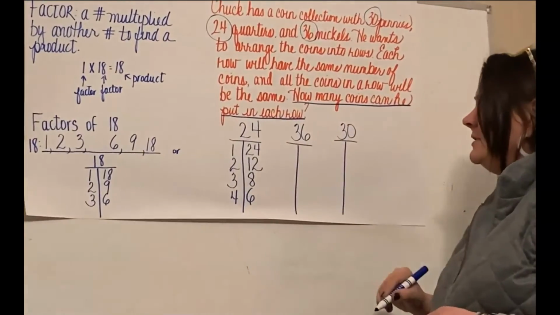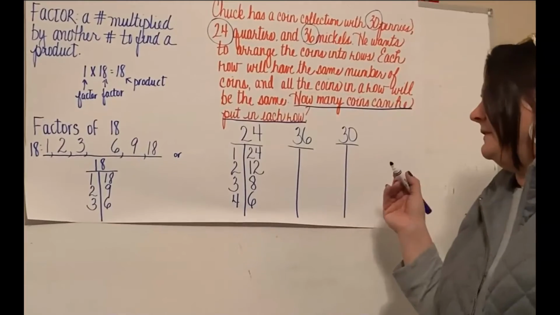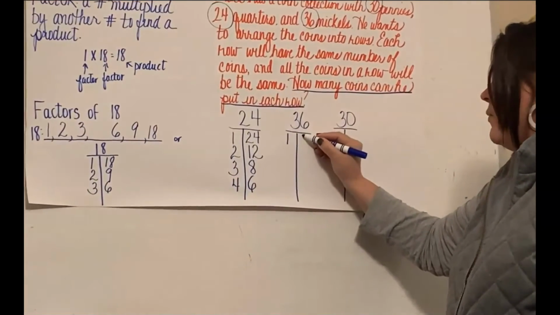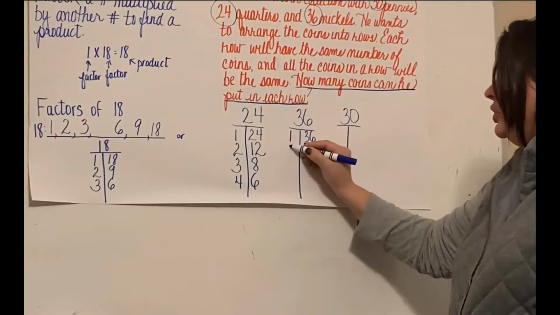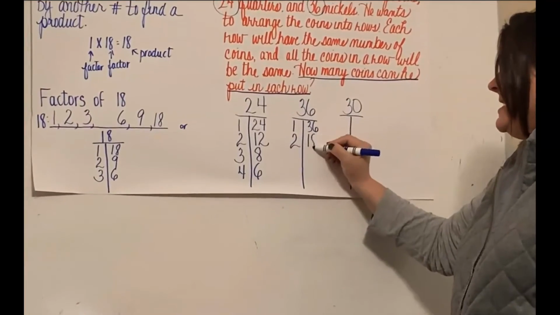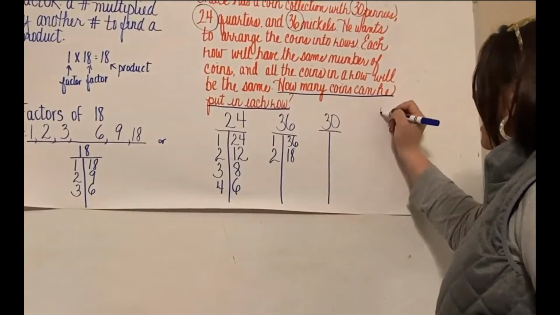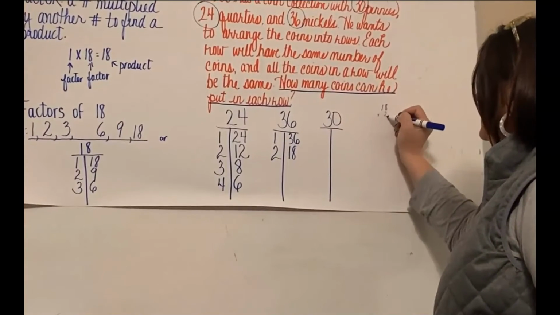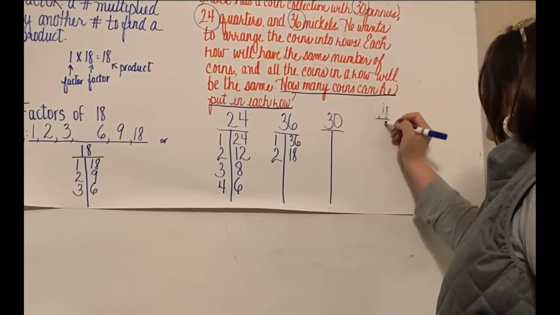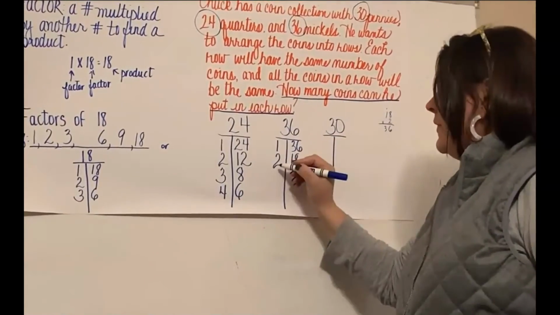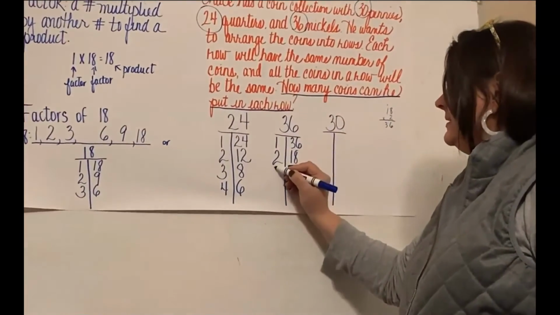Now I'm going to move on to 36. I have a feeling there are quite a few factors for 36. Let's get started. 1 and 36, 2 and 18. If you weren't sure, this is where you would do the math on the side, just to double check. 18 times 2, yep, it's 36, because I don't want to make a mistake. Does 3 go into 36?